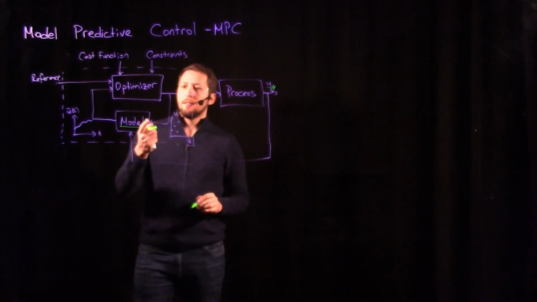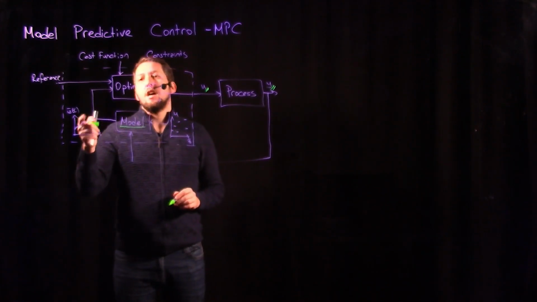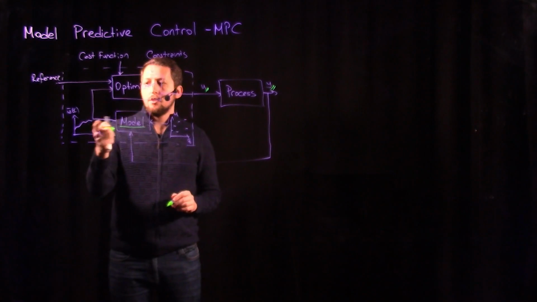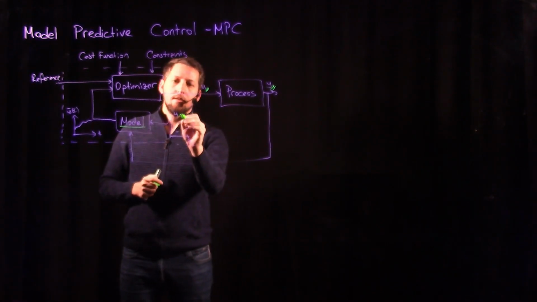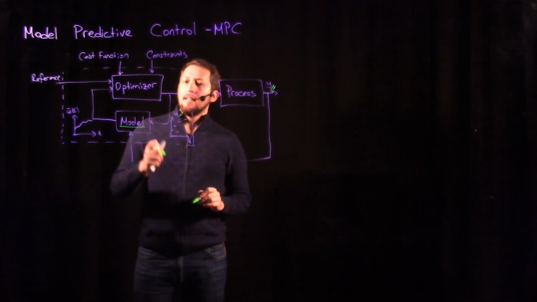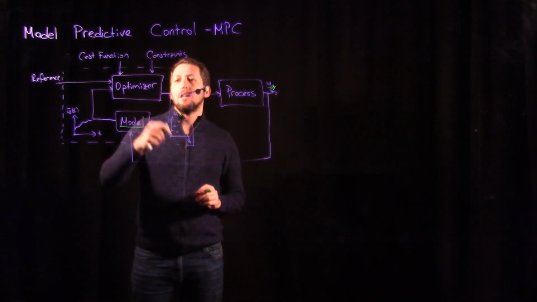This model then creates the predicted output of our system. But in order to do that, it needs a planned control sequence, and this planned control sequence is actually coming from the result of an optimizer.